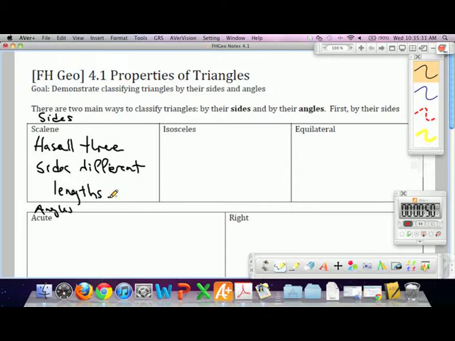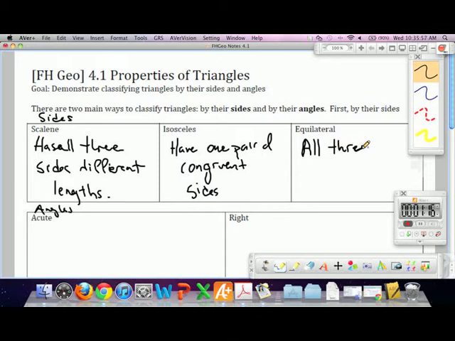Isosceles has 1 pair of congruent sides. Exactly 1 pair. And equilateral has all 3 sides congruent, because all 3 sides are congruent. Symbol for congruent.